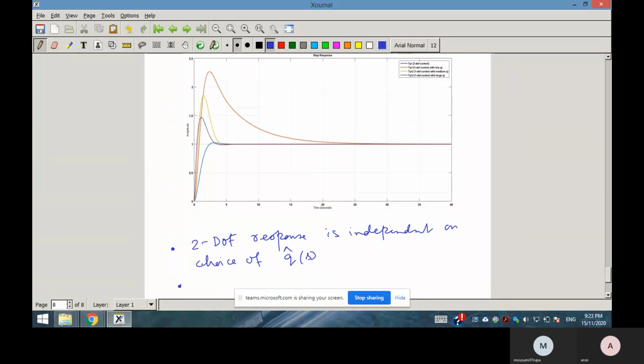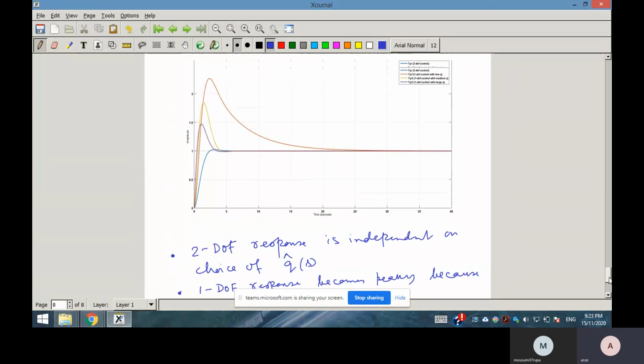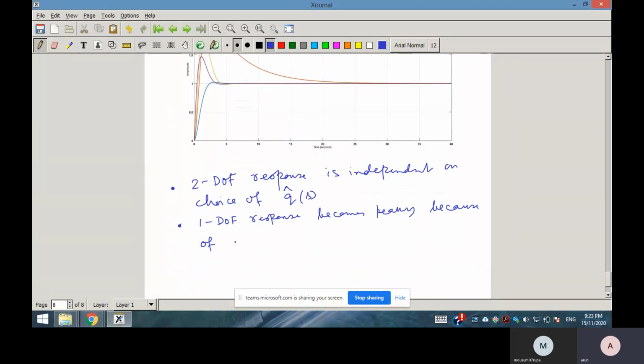Second, the 1DF response becomes picky because of the root of HS close to the J omega axis.